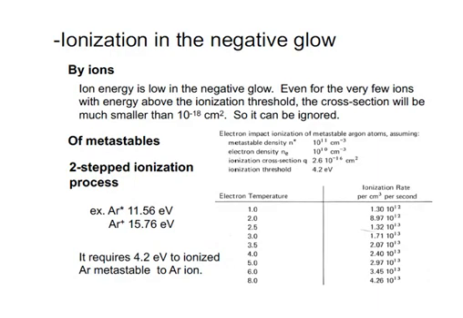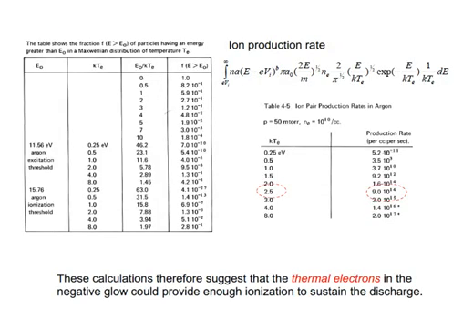For the two-step ionization process, the production rate of electron and ion pairs is about 10 to 13. So it is about 1% of the ionization by thermal electrons. Okay, it contributes about 1%.